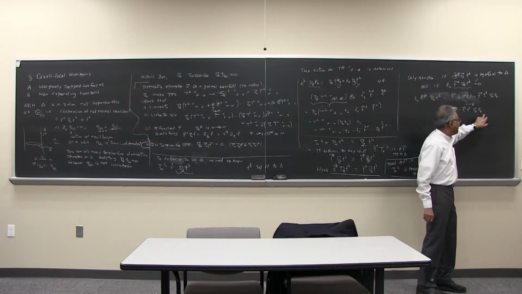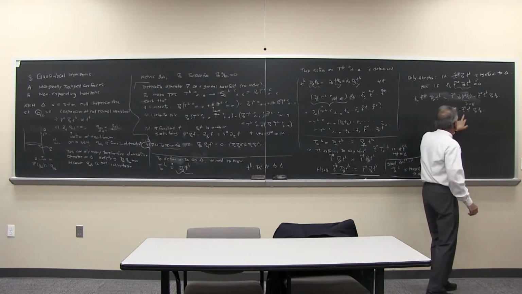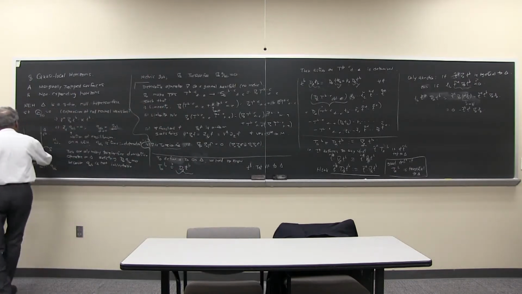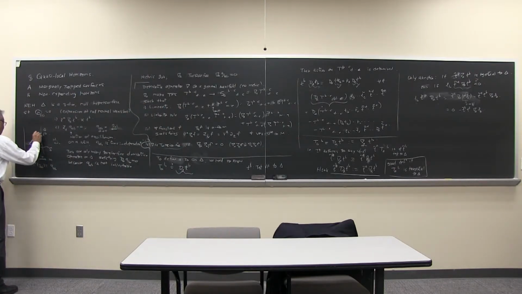But I told you yesterday that given this manifold, given any T, you can write this TA as some alpha times LA plus some vector field HA, which is horizontal. I just decompose it into an L part and a horizontal part.